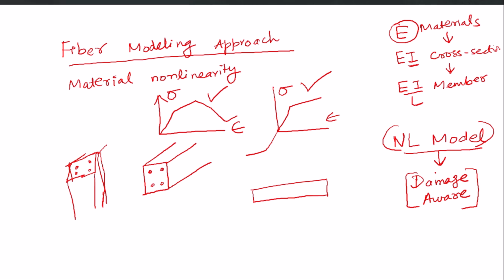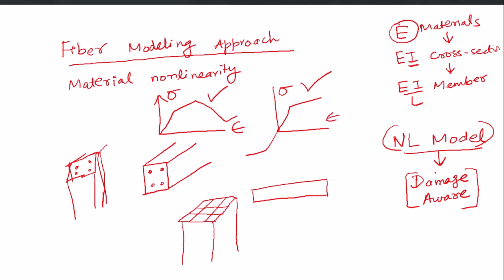fibers. So let me just draw a column like this, a more clear picture at the bottom. So this is a column in three-dimensional view, let's say top of the column. And the basic idea is that I divide this cross section along both local axes like this, both cross sectional local axes.